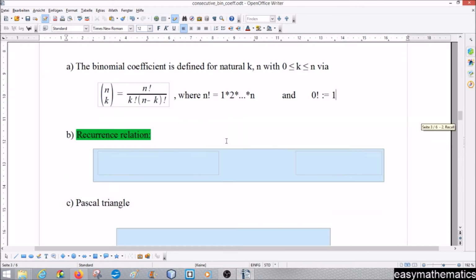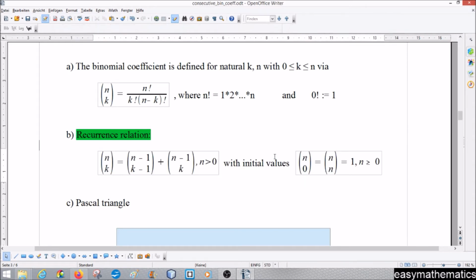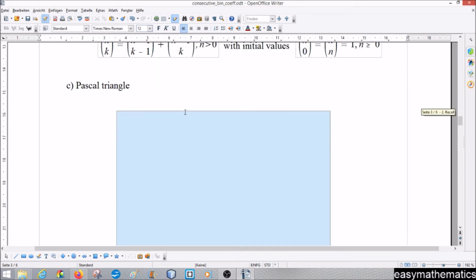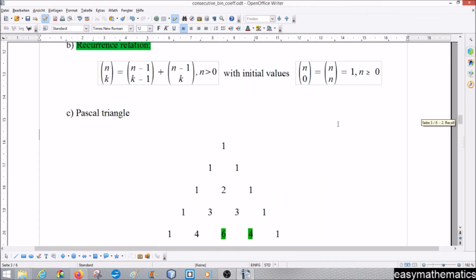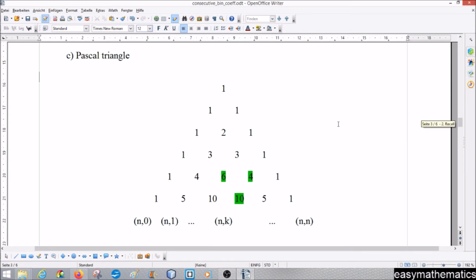Then there is also a nice recurrence relation: n choose k is n minus 1 choose k minus 1 plus n minus 1 choose k, for n greater than 0, with initial values n choose 0 and n choose n equal to 1 for all n. If you haven't seen it, you can order the binomial coefficients in a triangle called the Pascal triangle.